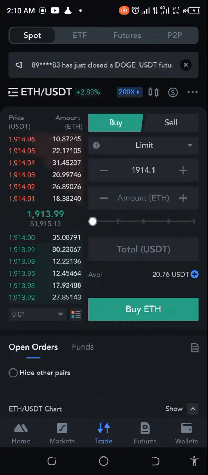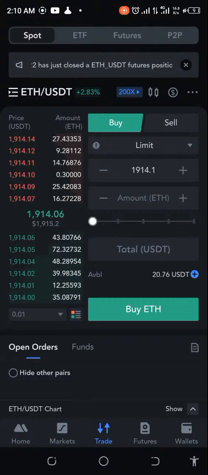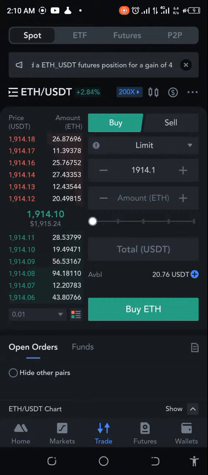Of course, not every trade will be the same. You need to remember that. Some trades will be fast and some will be waiting for you to get it done, and you just have to be patient. That's number one explanation here. You just have to be patient.